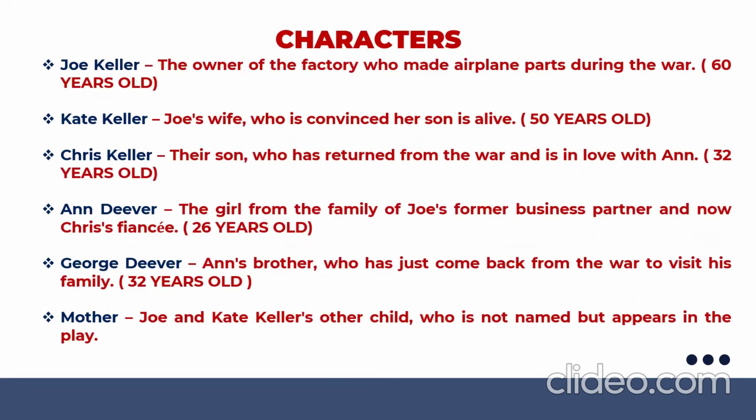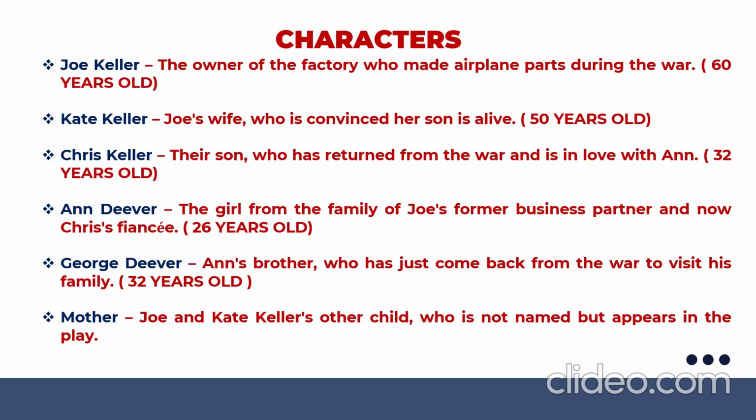Now let's have a glance at the characters. Joe Keller is the owner of the factory who made airplane parts during World War II, and he's about 60 years old. Kate Keller, who is Joe's wife, is convinced that her younger son Larry is alive. She's about 50 years old.